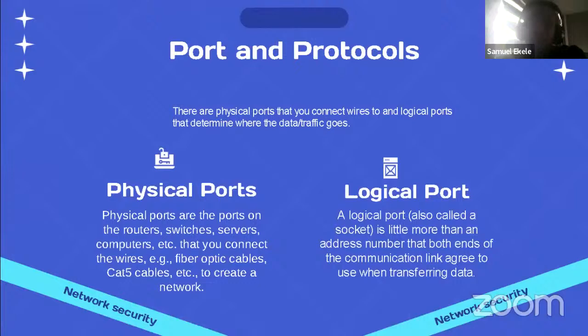So when you send your data to a particular port, the switch can identify which particular port you are sending to. But a patch panel doesn't know which port you are trying to access, right?